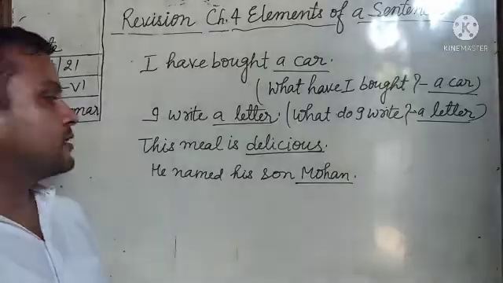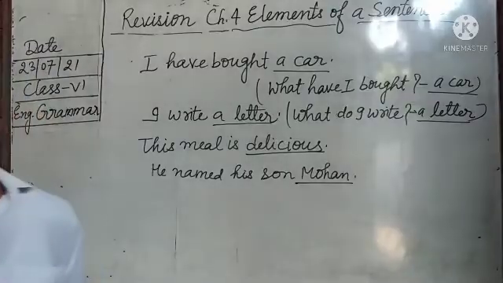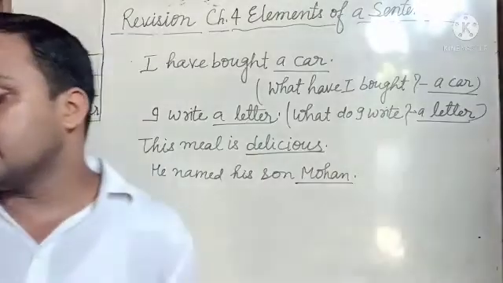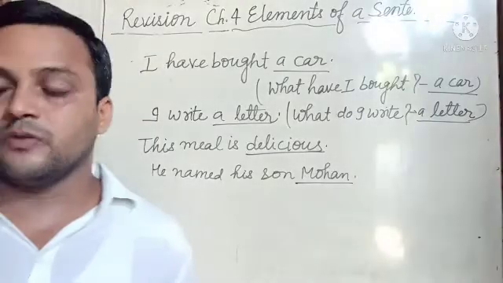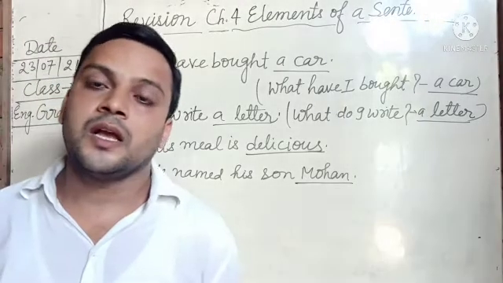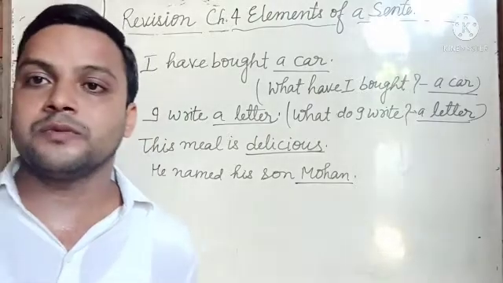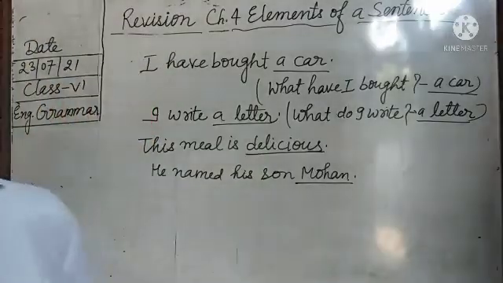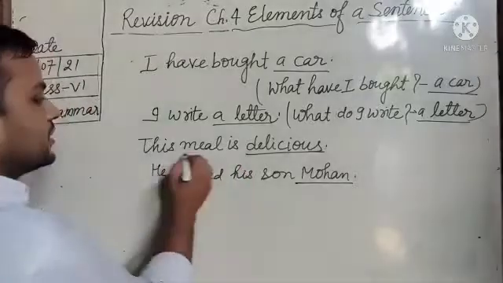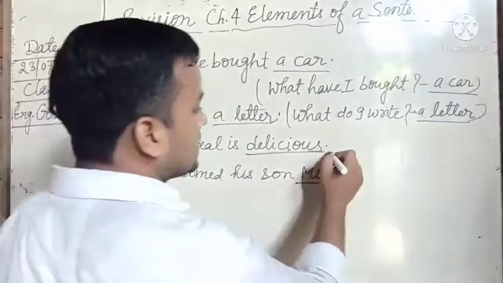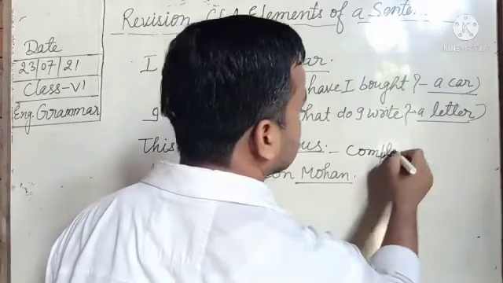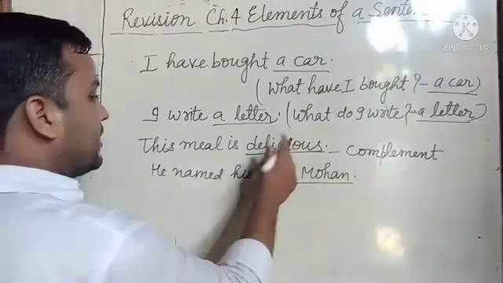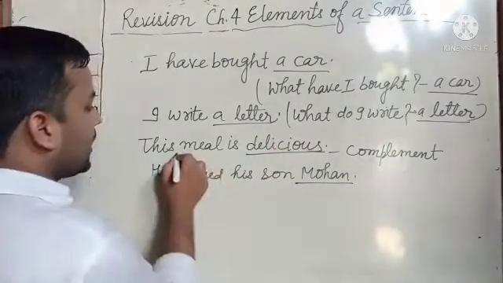Okay, students, now see the complement. A complement is a word or word group that follows a verb and describes a noun or pronoun that comes before it. For example, this meal is delicious. The word delicious is a complement because it is after the verb is and it is qualifying the noun meal.